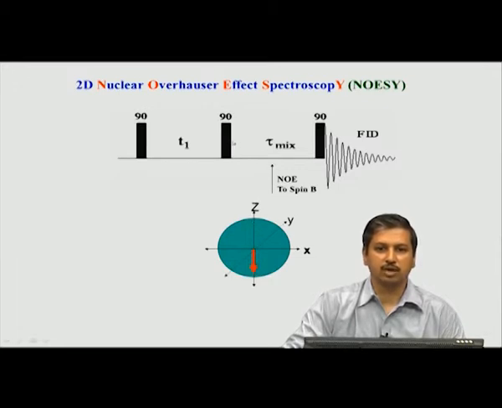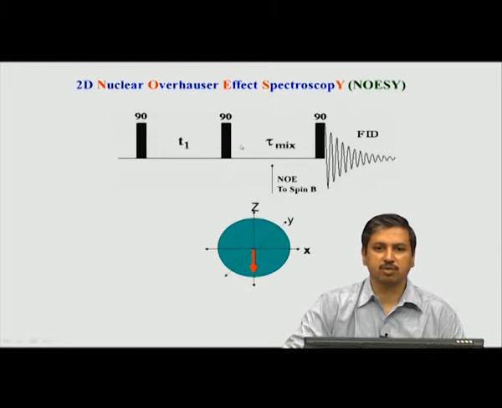During this period, when it is relaxing back to the z axis, we start transferring the polarization to another spin B. So, suppose this is spin A, it has been brought to the minus z axis. During this period, which is called the mixing time, it is transferred to spin B by the effect of NOE, the nuclear Overhauser effect.